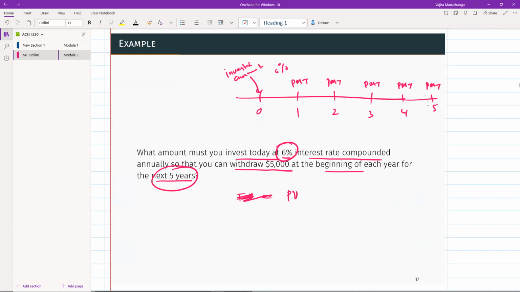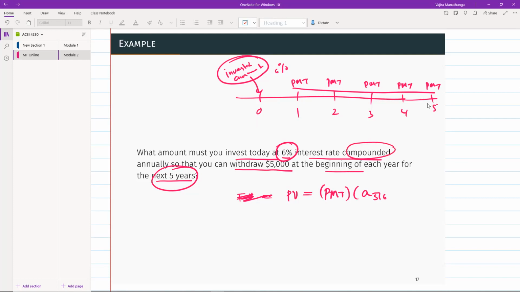Okay, so here we want to find the present value, how much we need to invest today. First, we can write the payment in the equation. Payment times a, this is an annuity due. How many years? 5 years, so ä5. And what's the rate? The rate is given as 6%, and it's compounded annually, so it's the effective rate.